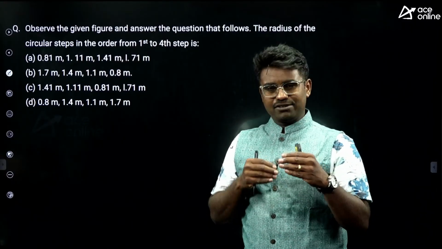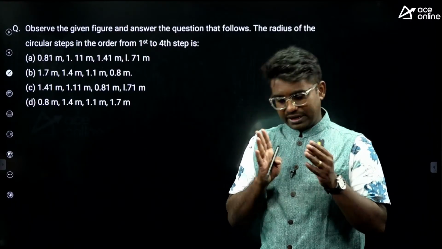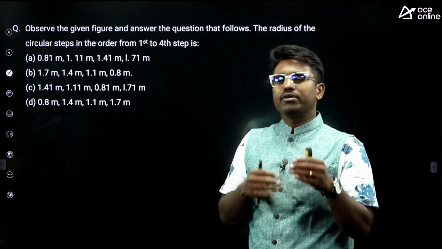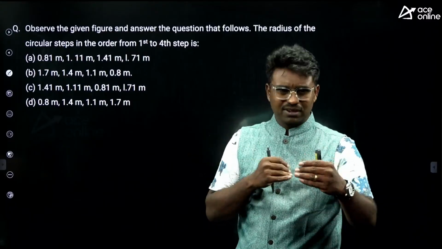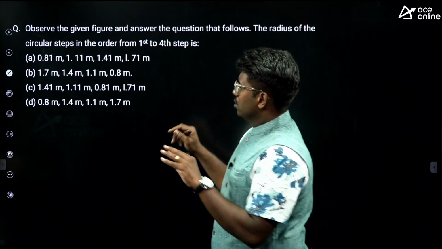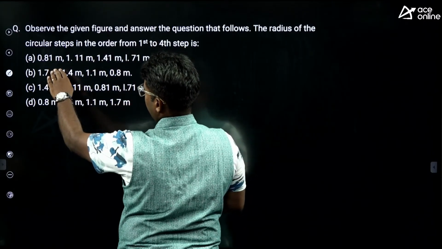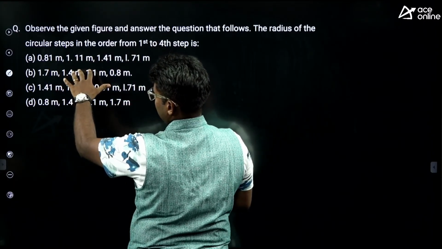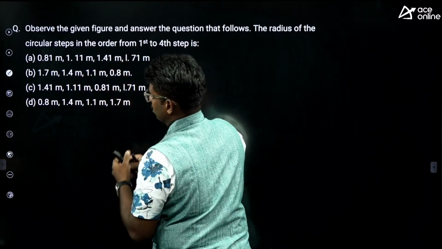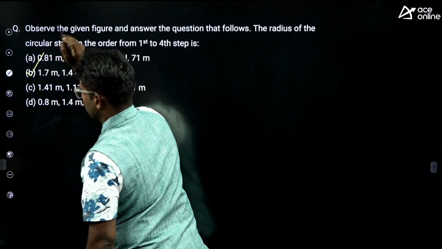Minimum tread or maximum tread will be around 0.3 for a residential or even a public building. Minimum you have to give 0.3, that's about 1 foot roughly. So calculate from that, just see the options. 0.81 plus 0.3, it's not properly matching. If you check all these things, the answer will be this one.